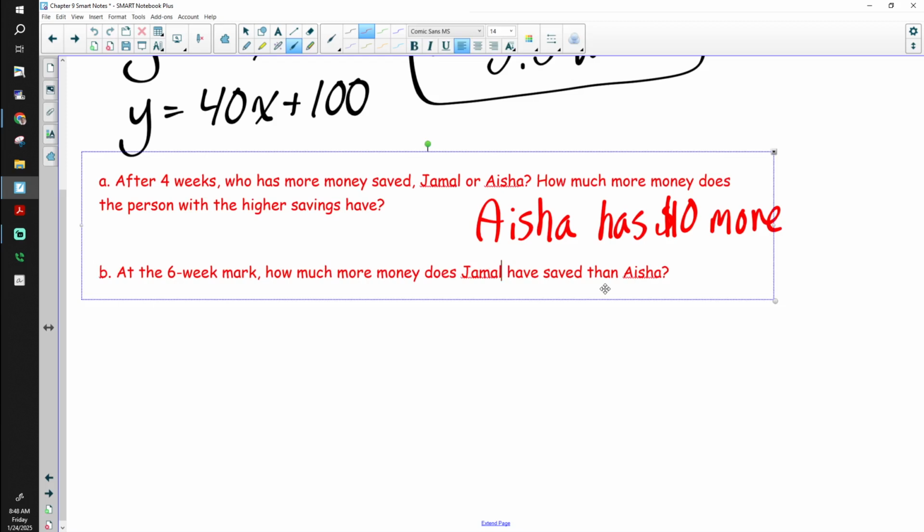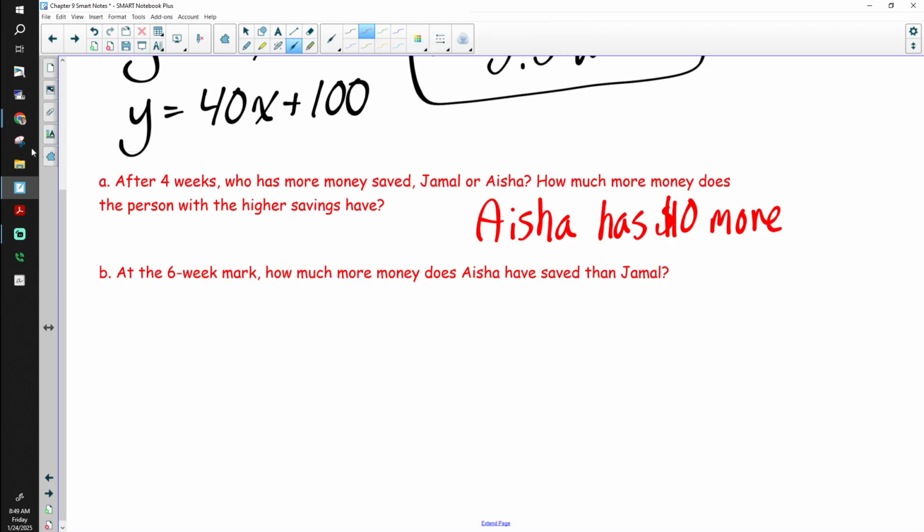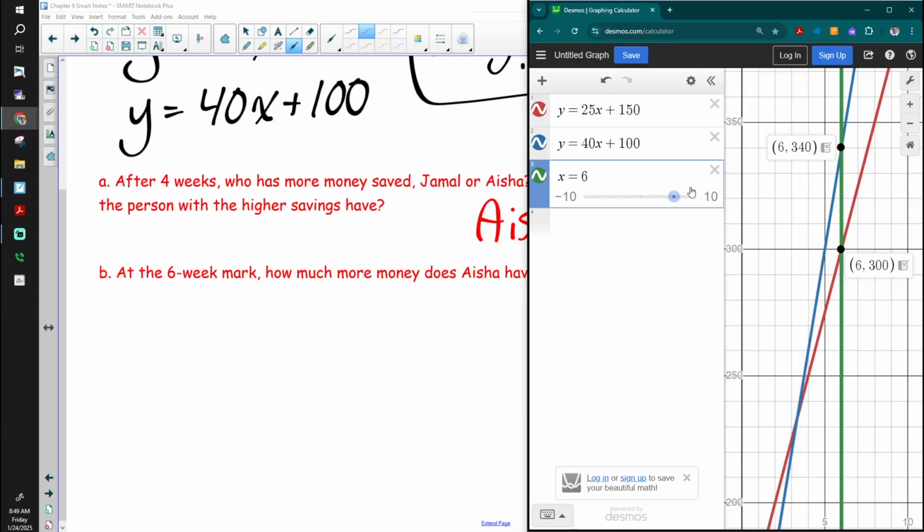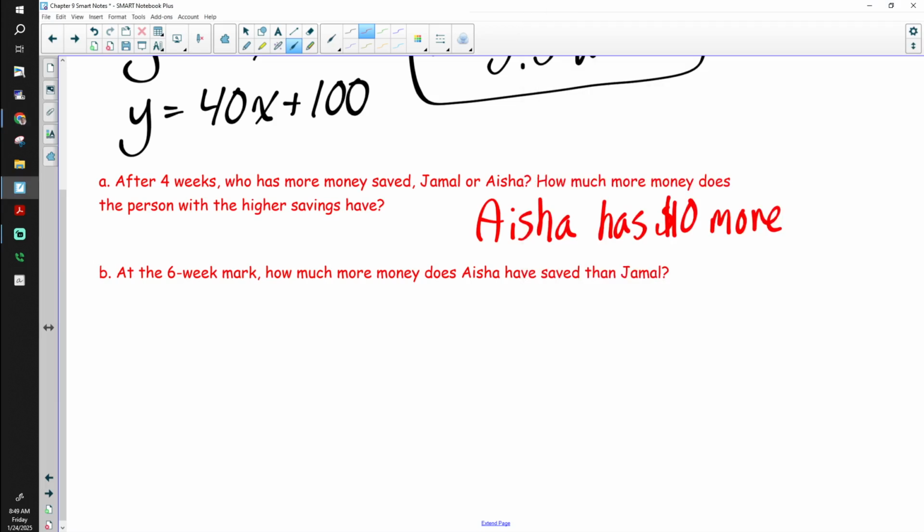How much more money does Asia have than Jamal? That's why you're the guinea pigs. So, how much more? Asia has 340. Jamal has 300. If I did write the question correctly, you would say Asia has $40 more. Okay.